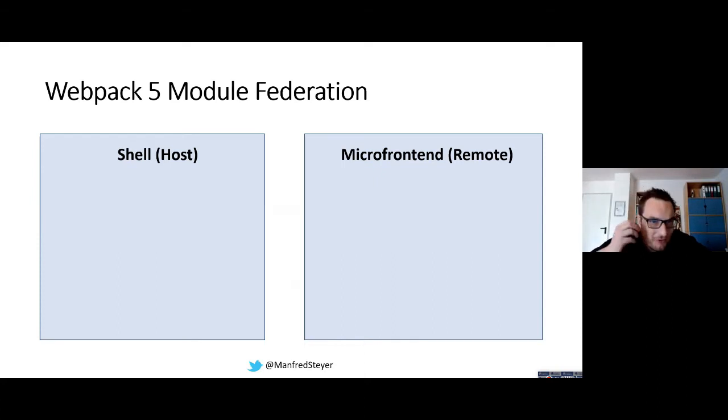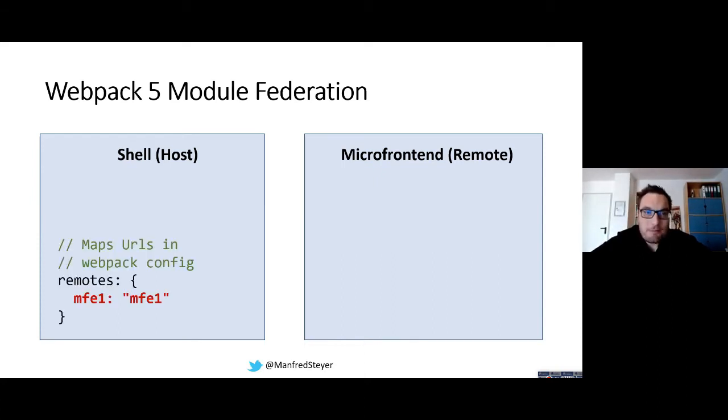And now we can configure the host by mapping URLs. We can define, hey, Webpack, everything that starts with this URL points to another origin. We could inform Webpack about this origin here, about this very location. We can also provide this location on application start. I'm doing the latter one.